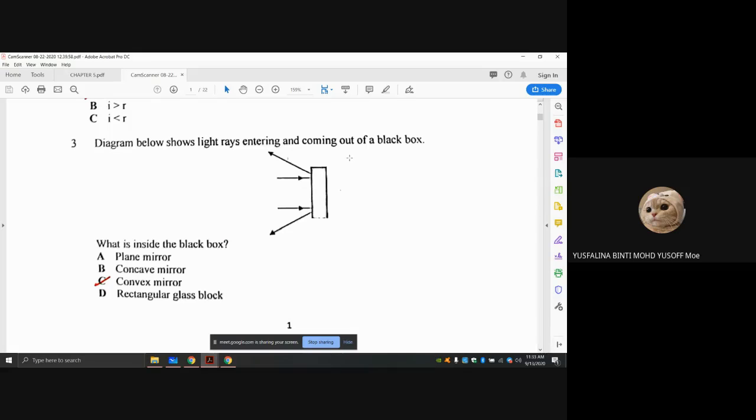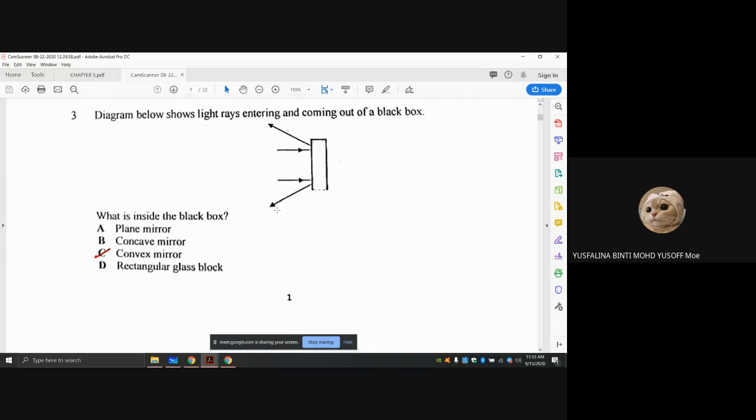But the convex mirror is known as a diverging mirror. So you can see here the light is diverged like this. So this one is called a convex mirror. So the answer is C.